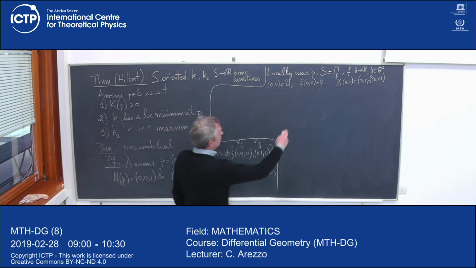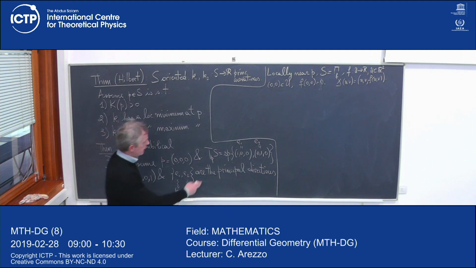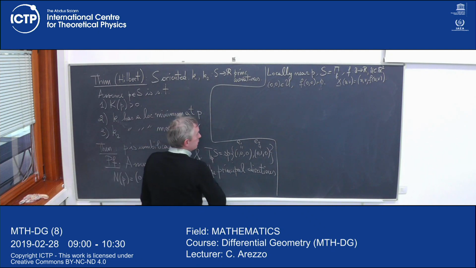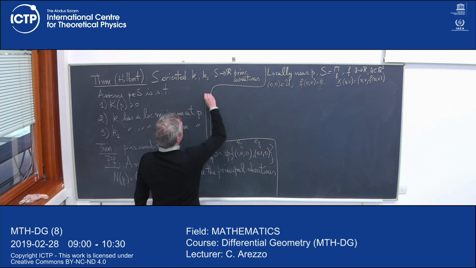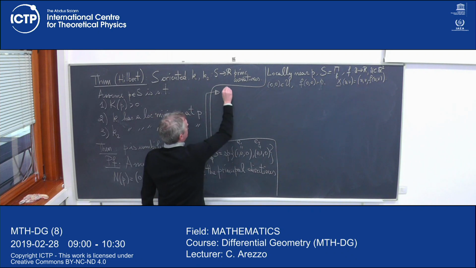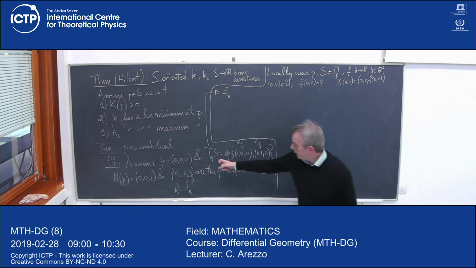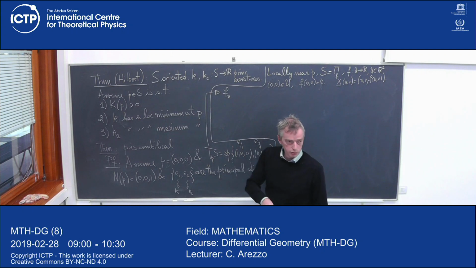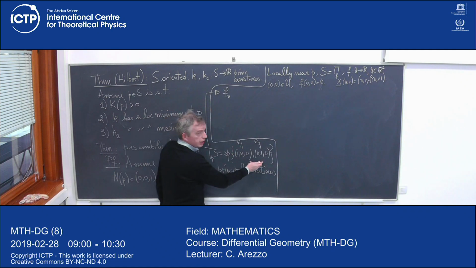Well, one I said already: the point P is put in the origin. What does it mean that the tangent plane is spanned by these vectors? Again, no harm in assuming that. So this condition here translates into what? In the fact that if I take the partial derivative with respect to u, so remember, what is xu? Here I wrote it like this, but on the other hand, now I have a chart, so TPS is also the span of xu, xv. So what does it mean that these two things are the same? Again, up to a rotation, I can assume that xu is this one and xv is this one.